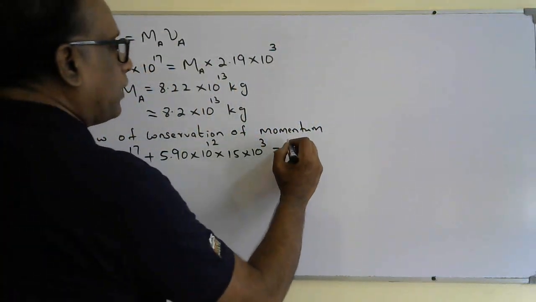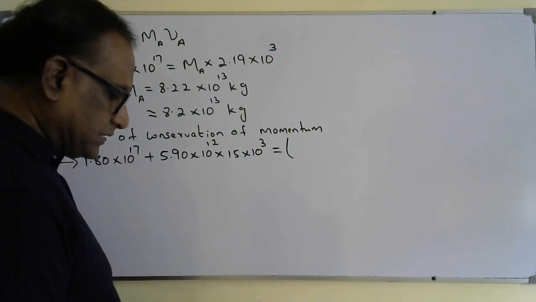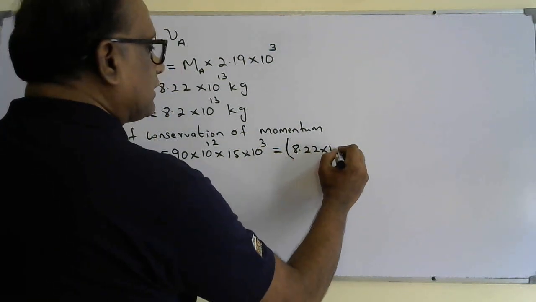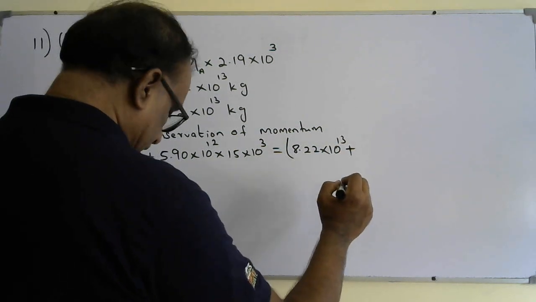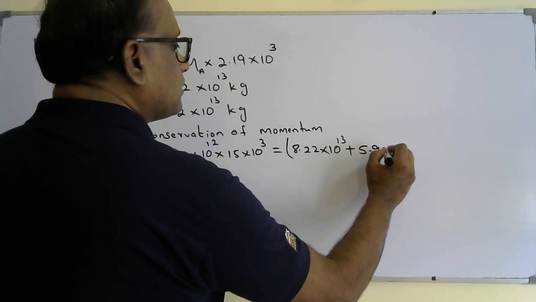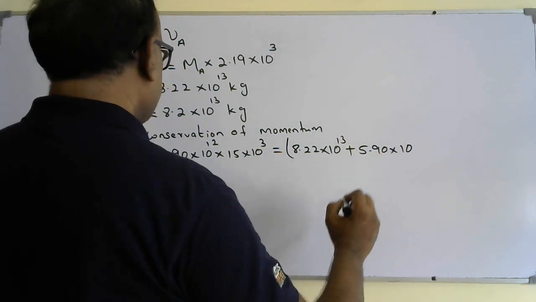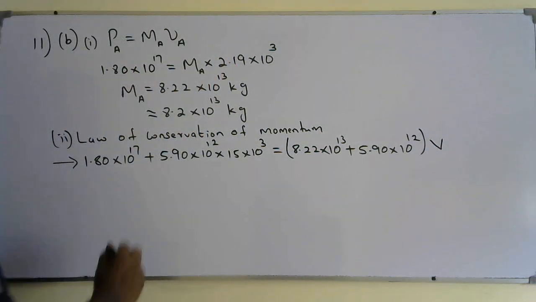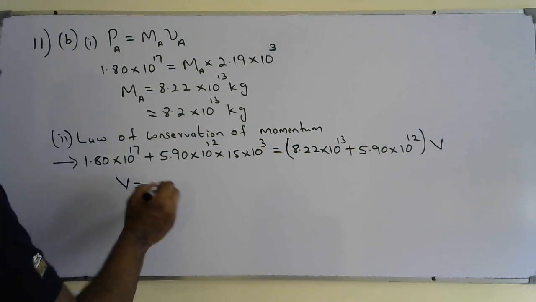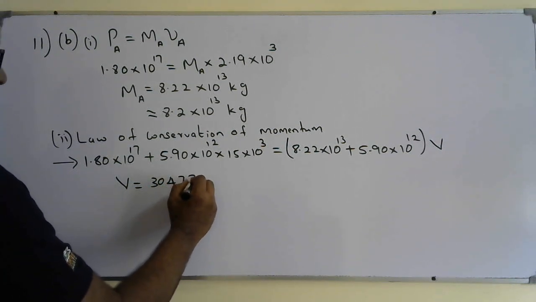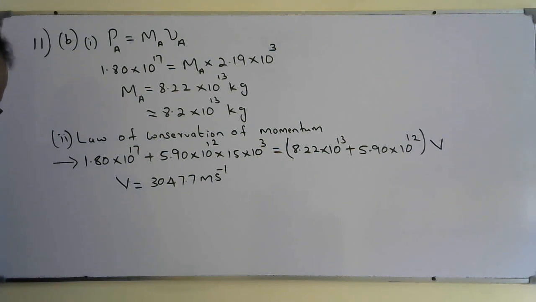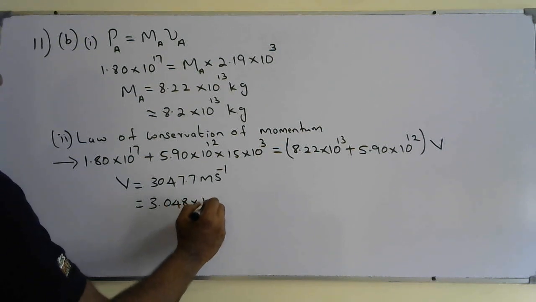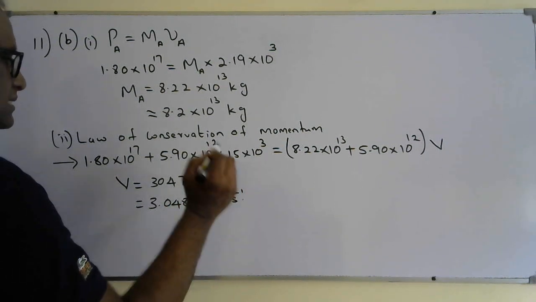So I can add their masses, because they become one object: 8.22 × 10^13, that's the mass of A, plus mass of B, 5.90 × 10^12, times V. I need to find the velocity after collision. So solve it. You will get 3047.7 meter per second. So that I can write as 3.048 × 10^3 meter per second.